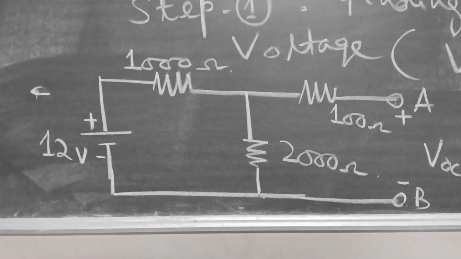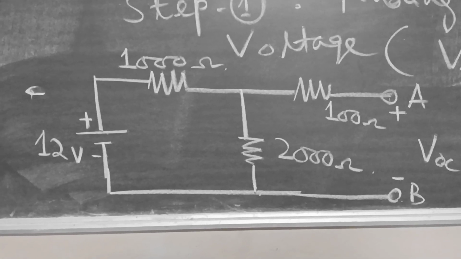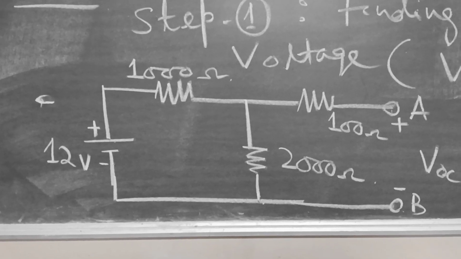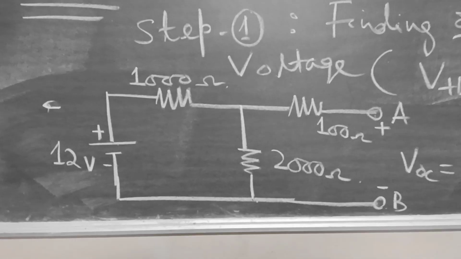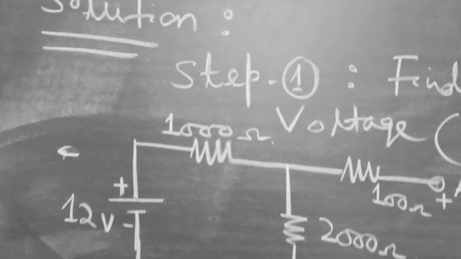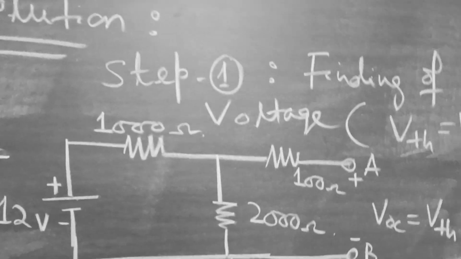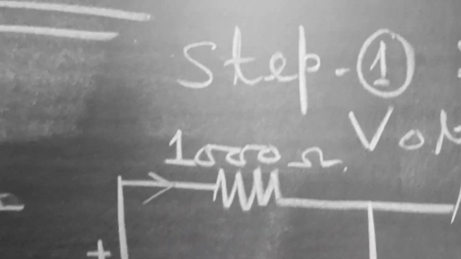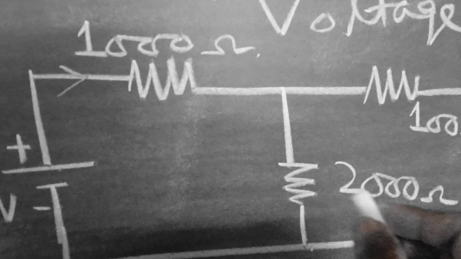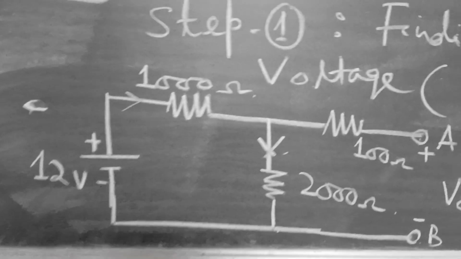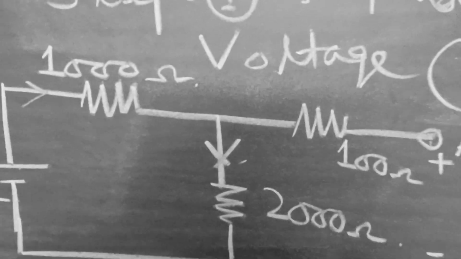Now due to the 12 volt source, let current flow through the 1000 ohm. The same current also flows through the 2000 ohm, because this side is open.